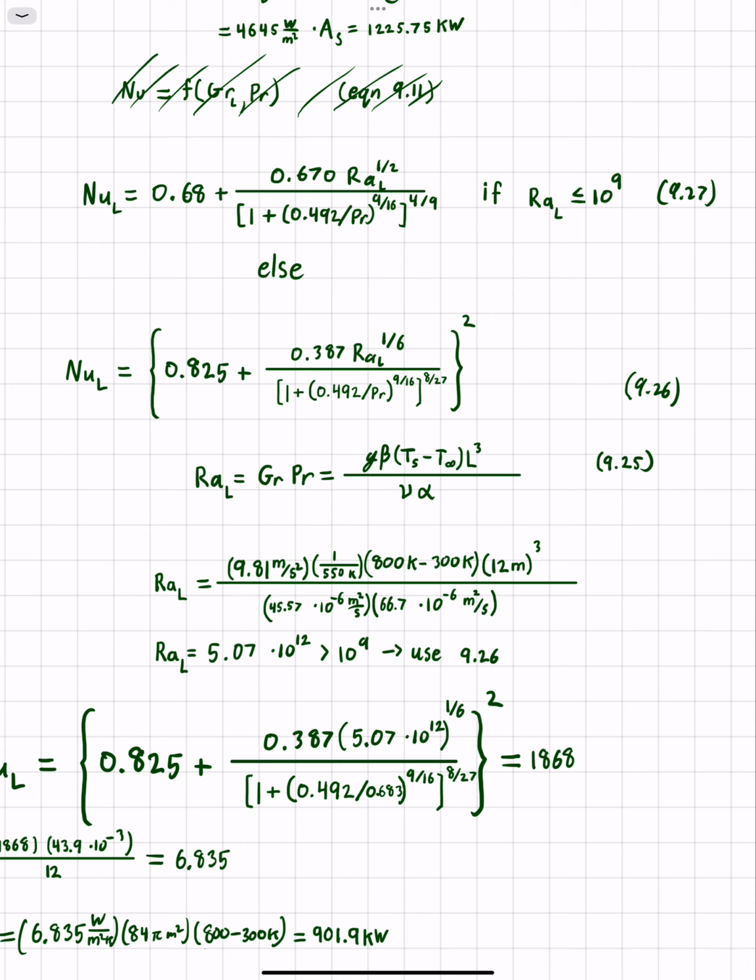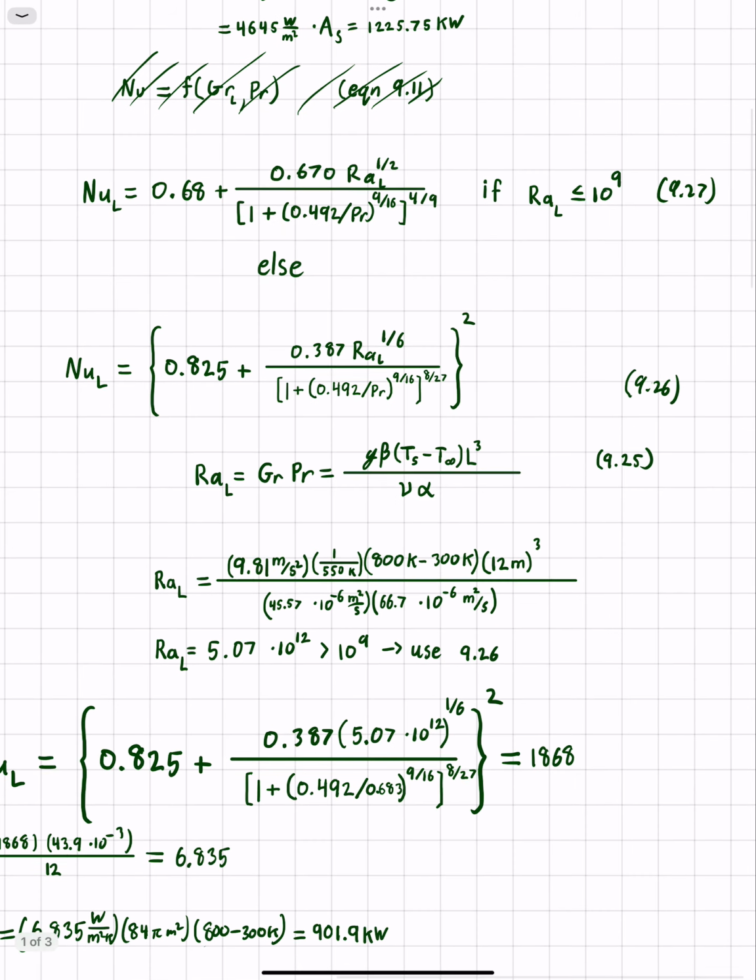But you can only use this if the Rayleigh number is below 10 to the 9th. The other option, equation 9.26, can be used more generally, but it is slightly less accurate: 0.825 plus 0.387 times the Rayleigh number to the 1/6 over 1 plus 0.492 over Prandtl number to the 9/16th, all to the 8/27th, all squared.